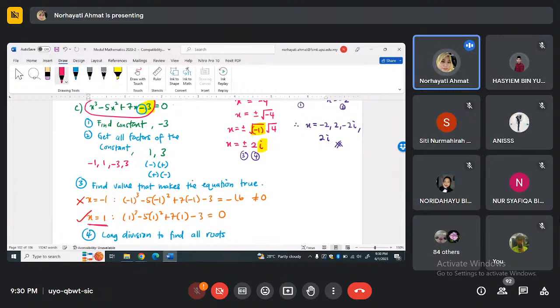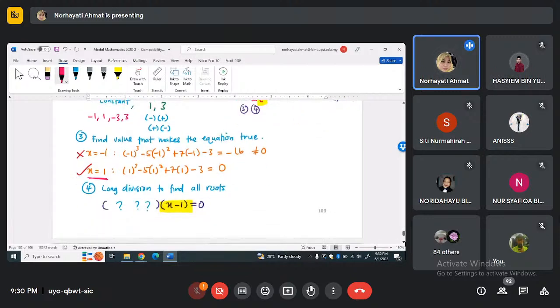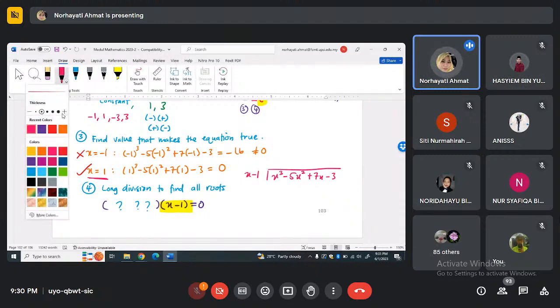So kita kena buat ni lah. X cube minus 5x square plus 7x minus 3 divide by x minus 1. The given polynomial divided by one of the brackets, which is x minus 1. Okay, let's perform the long division.